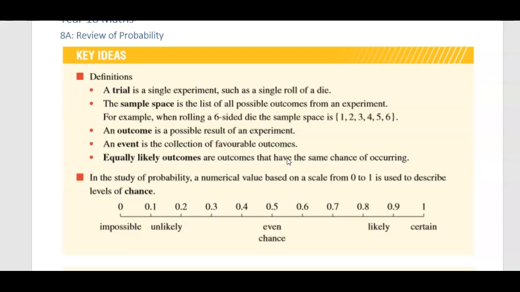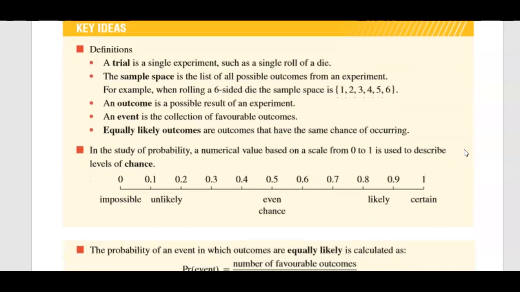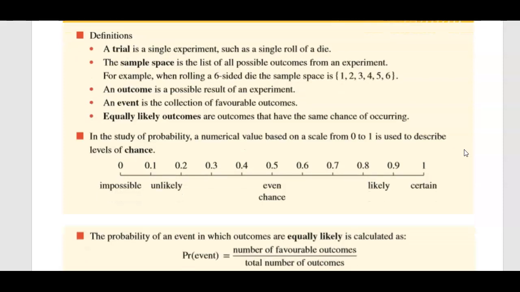They're the possible outcomes. An outcome is a possible result of an experiment. An event is the collection of favorable outcomes. And equally likely outcomes are outcomes that have the same chance of occurring. So if we were to roll a die, it's equally likely that you get a 6 as it would be for a 2, etc.